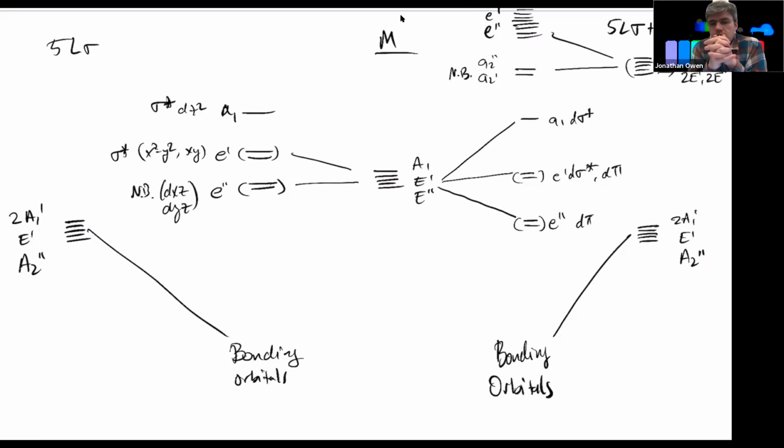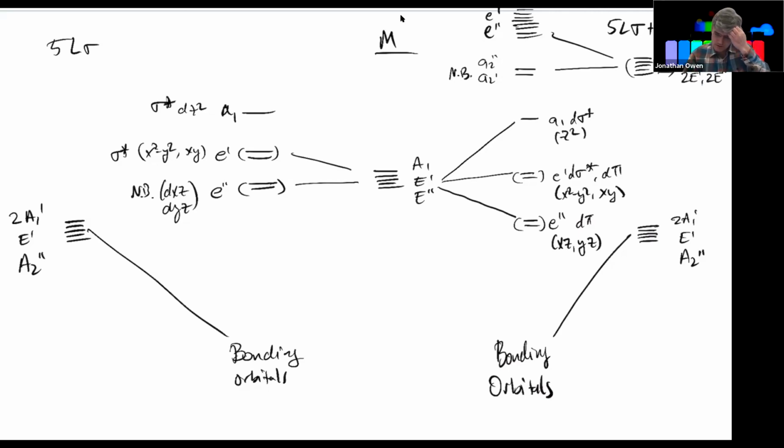The dx squared minus y squared and dxy here, they are both sigma anti-bonding and pi bonding. xz and yz, only pi. And then z squared is still doing its sigma only anti-bonding type of thing.